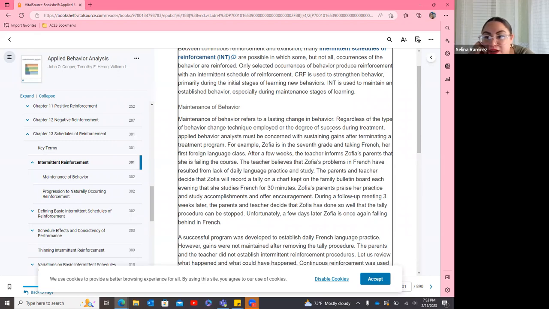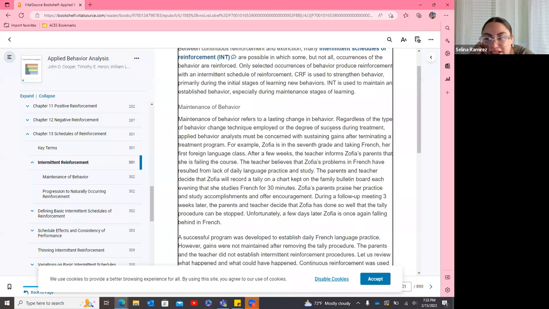Zofia's parents praise her practice and study accomplishments and offer encouragement. During a follow-up meeting 3 weeks later, the parents and teacher decide that Zofia has done so well that the tally procedure has stopped. Unfortunately, a few days later, Zofia is once again falling behind in French.